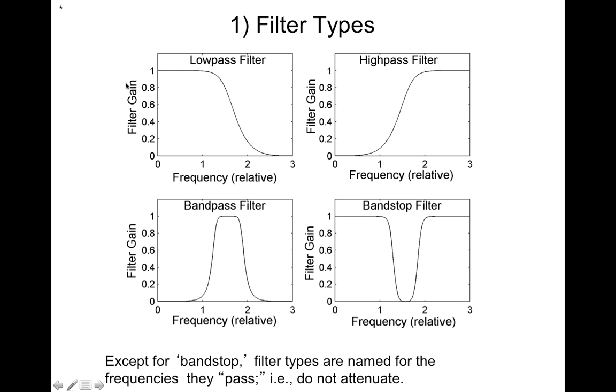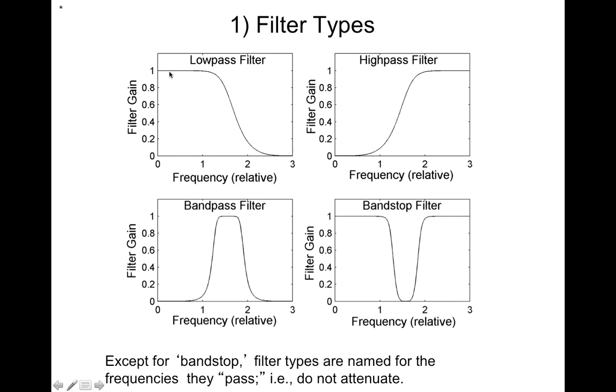Here, the vertical axis is filter gain. A filter gain of 1 would mean that the output voltage of the filter is equal to the voltage that was input to the filter. This frequency is just a relative scale. We won't even call it hertz or anything. We'll just say 1, 2, 3.